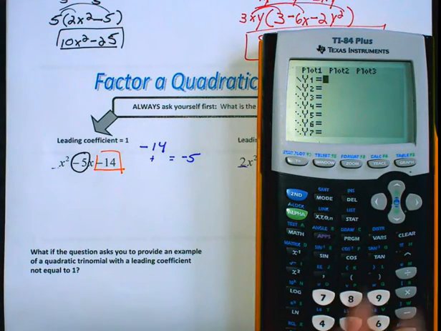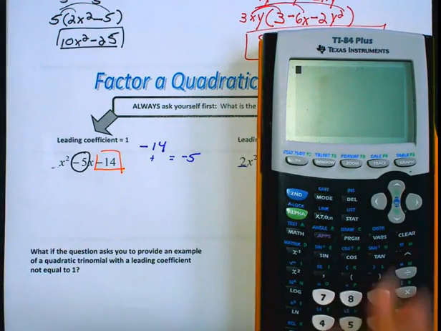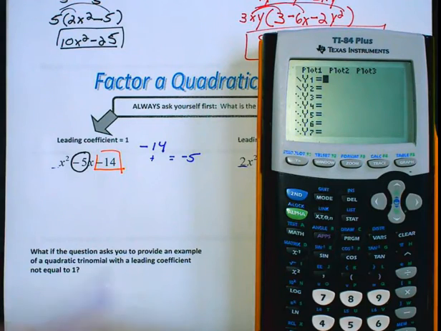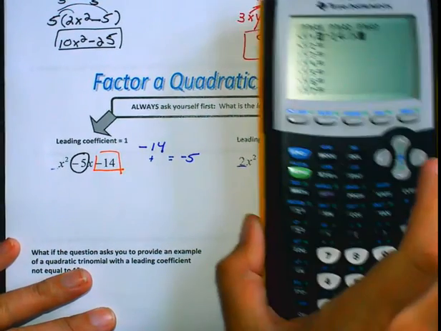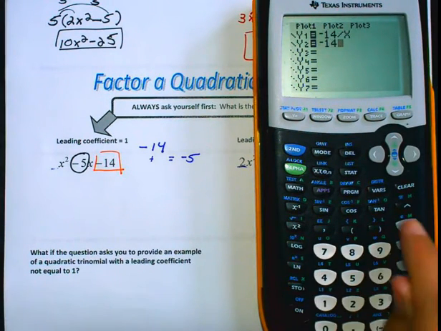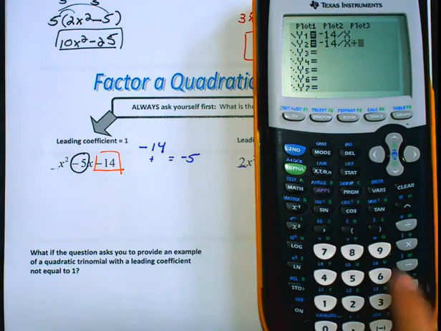So you're going to go from your home screen to y equals, and you're going to type in negative 14 divided by x. And then you're going to press enter and go down to the next line, and you're going to do negative 14 divided by x plus x. Okay?